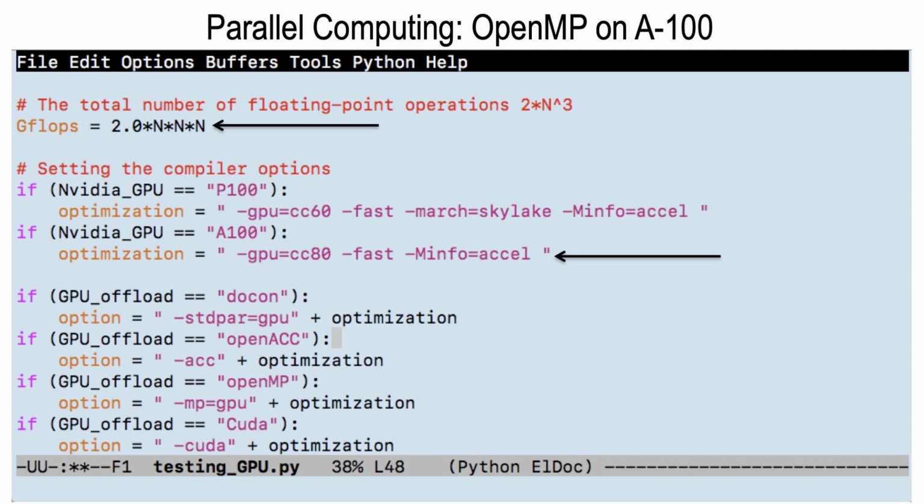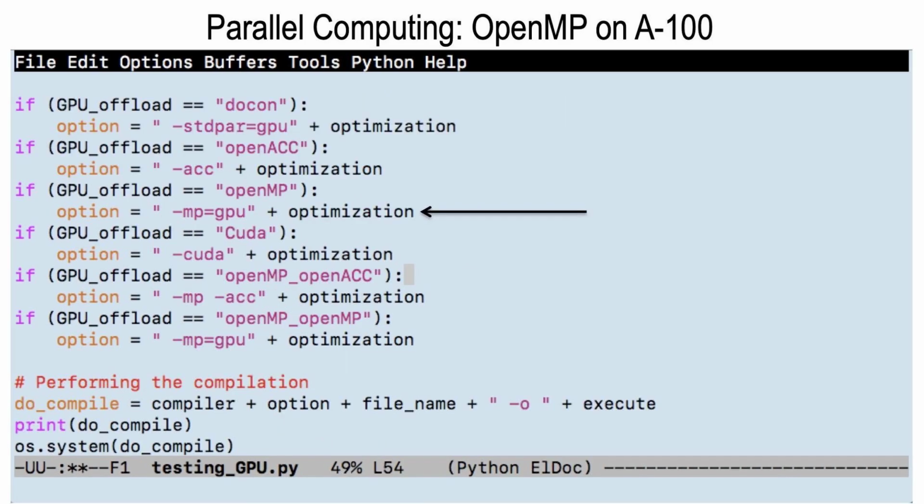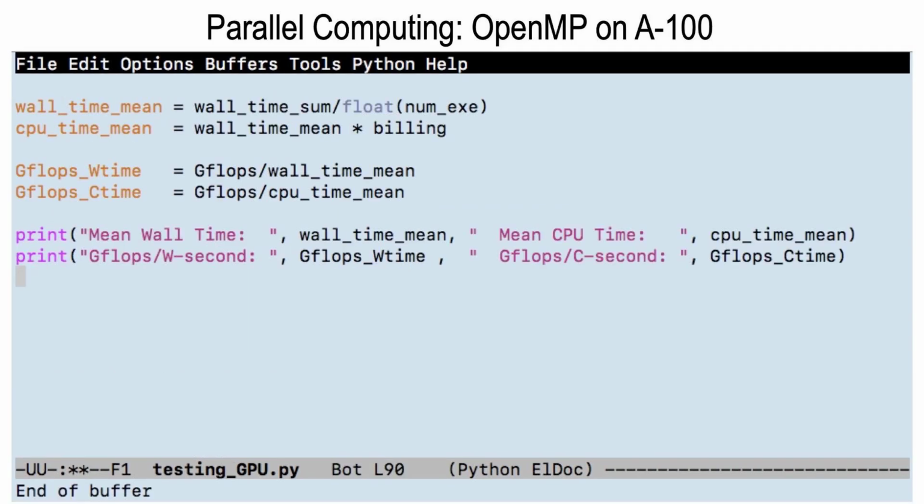The performance will be calculated as before, using the compilation optimizations for the A-100 GPUs. The compilation option for OpenMP offloading is used. The testing GPU Python script outputs the performance data at the end of the testing process.